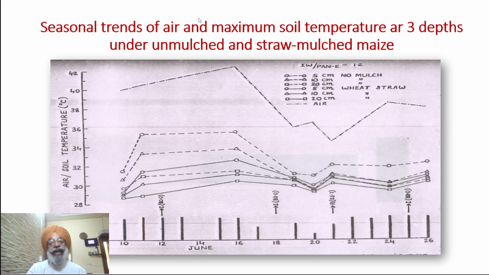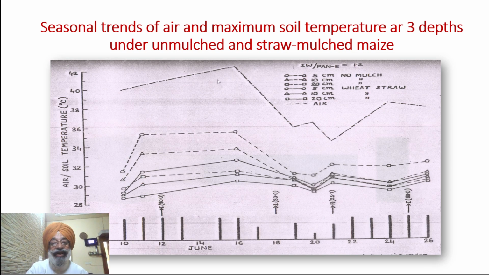So this is how, because of the effect of moisture, even the seasonal trends in soil temperature show quite a variation. And these are seasonal trends of air and maximum temperature at three depths. This is air temperature. The dotted lines are 5, 10, 15 centimeter for bare soil, and the solid lines are 5, 10, 15 centimeter covered with wheat straw.